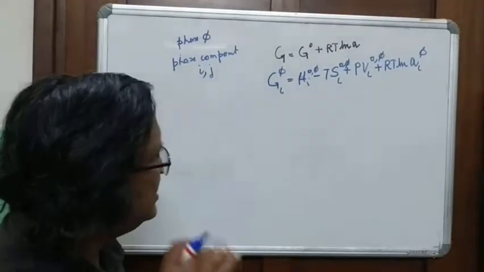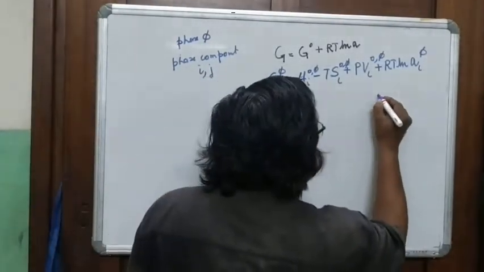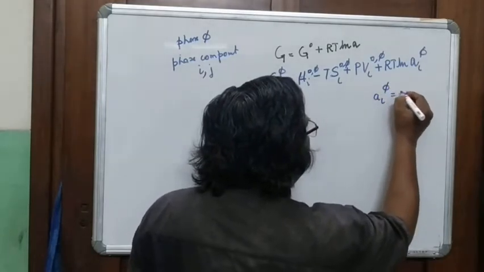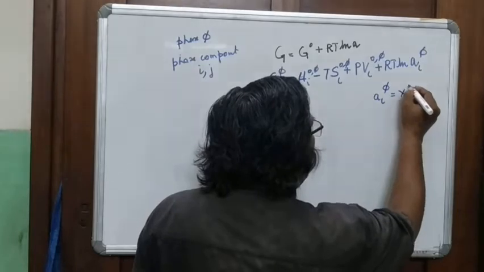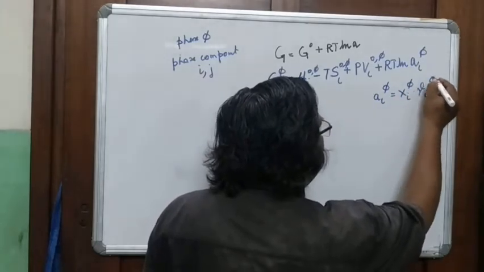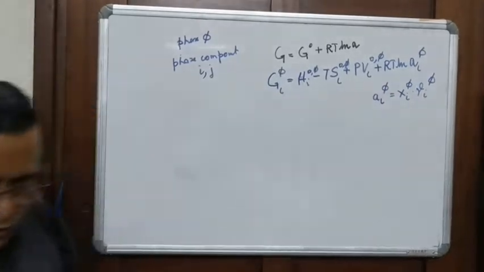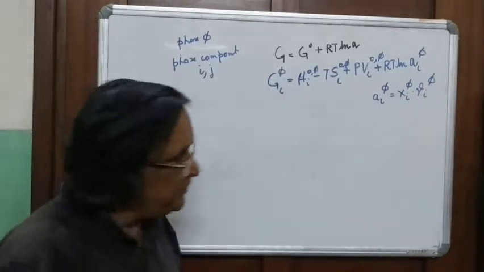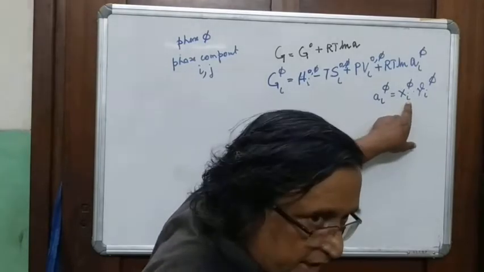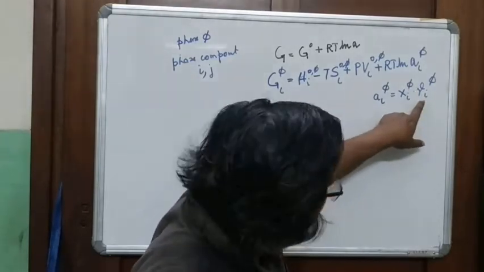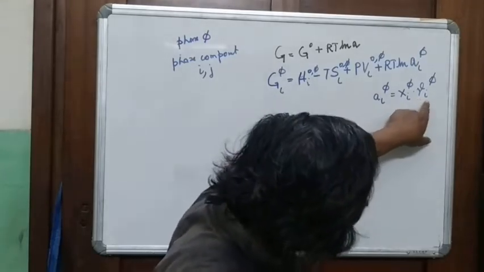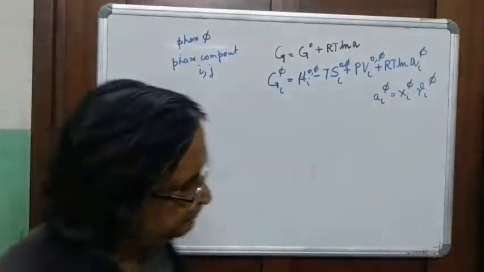We also understand that activity of I in phi can be written as x of I in phi times gamma of I in phi. We also know this relationship, where x_i is the mole fraction of a component in a phase, and gamma is the activity coefficient of a component in a phase.